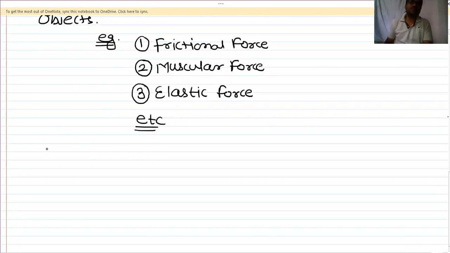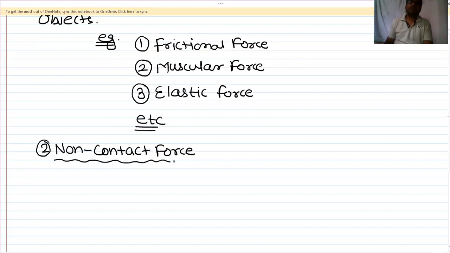Now after this, second one we have is non-contact force. Non-contact force, right? So the force which comes into play without any contact between the interacting objects, that force is called as the non-contact force.